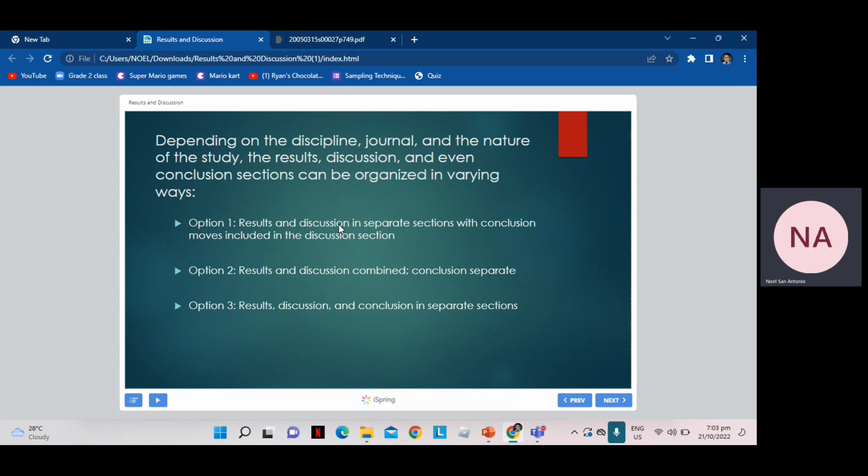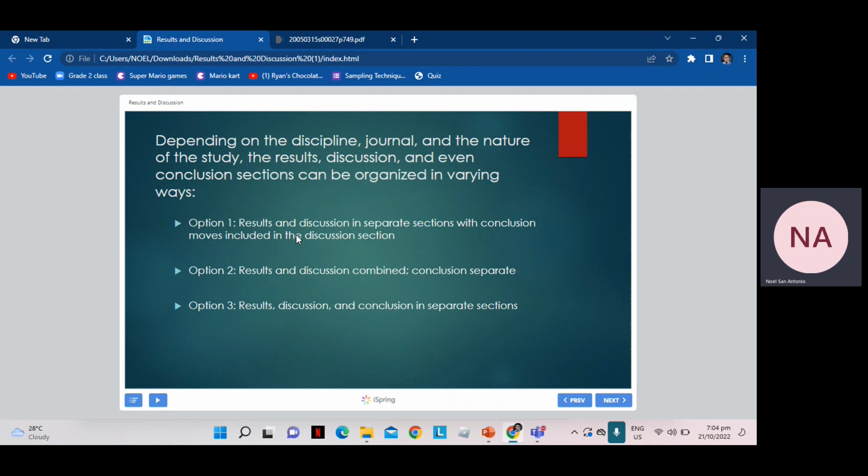Okay. So, depending on the discipline or journal and the nature of the study, the results, discussion, and even the conclusion sections can be organized in varying ways. There are three options by which you can organize the discussion section. The first option is results and discussion in separate sections, with conclusion moves included in the discussion section.